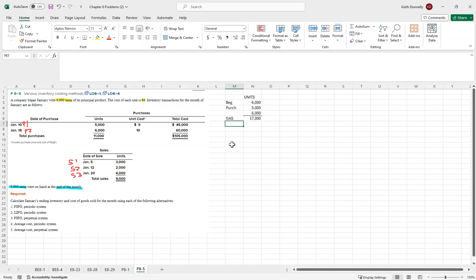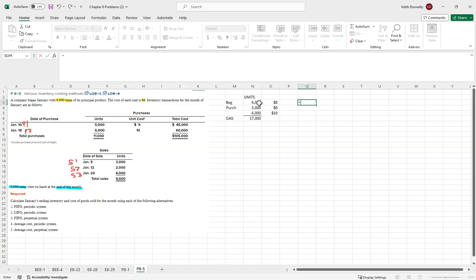We have to analyze it and put it in dollar amounts. So what is the per unit cost on each of these? Well, this one is $8. This one is $9. That one is $10.